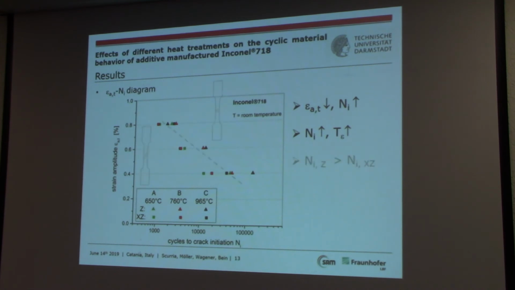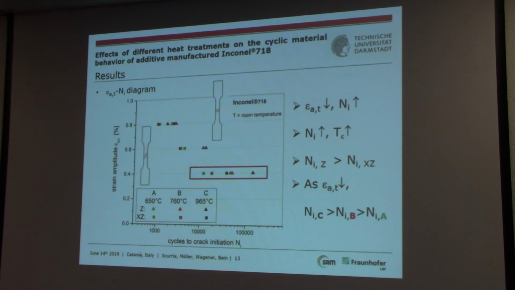Then for the specimens built in the Z direction, we have higher values of the number of cycles to crack initiation, more or less. This is a bit confused here for very high levels of the strain amplitude. And at the end, as we move to lower values of the strain amplitude, the number of cycles to crack initiation for the heat treatment C with higher temperature leads to a longer fatigue life for the specimens.